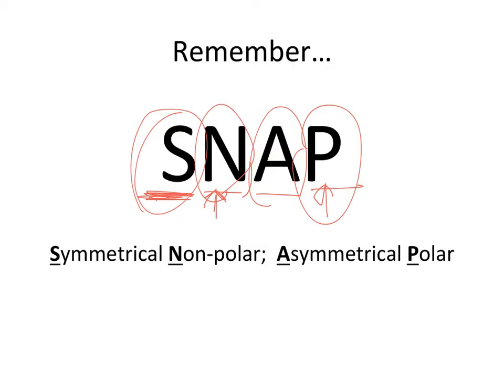A molecule is nonpolar, again, if each bond in the molecule is nonpolar and there are no lone pairs on the central atom. Or each bond in the molecule has the same polarity and there's no lone pairs of electrons on the central atom. Okay? So what that means is overall there's no net dipole moment. There's no molecular dipole. All the bond dipoles cancel out.